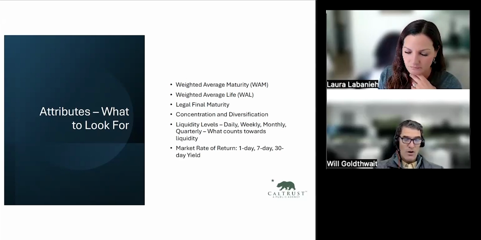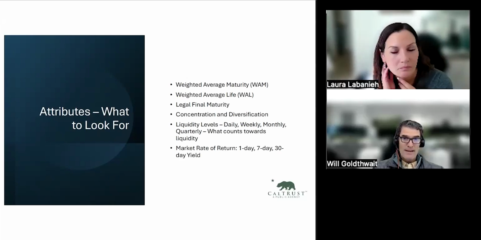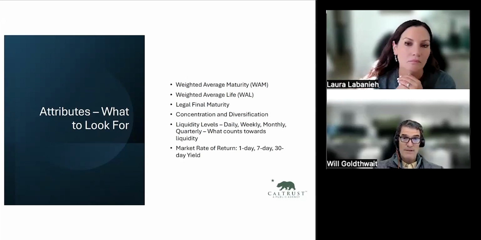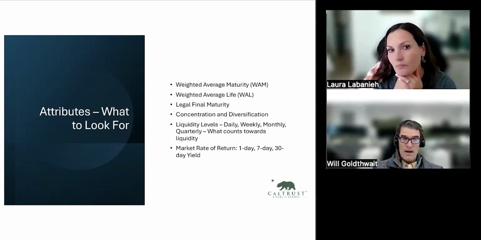I won't go into all of the details of that rule for this call, but I will say that this has had a pretty dramatic effect on the industry. And we've seen a significant number of these funds close.